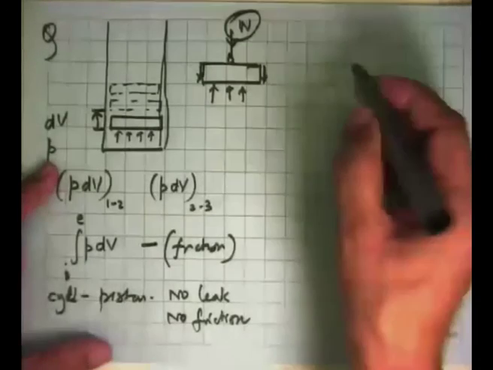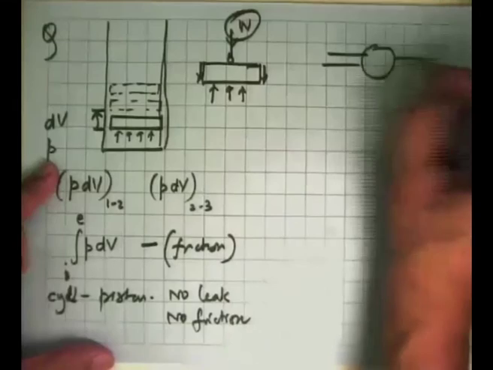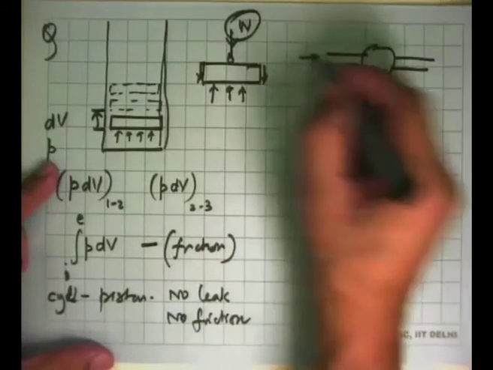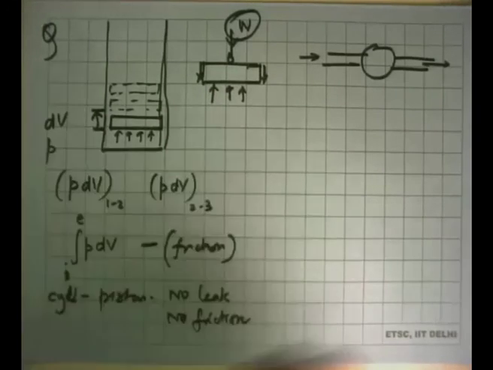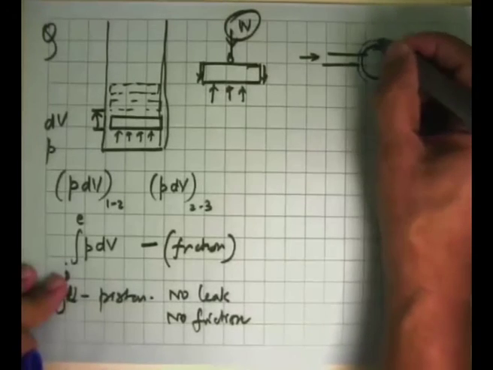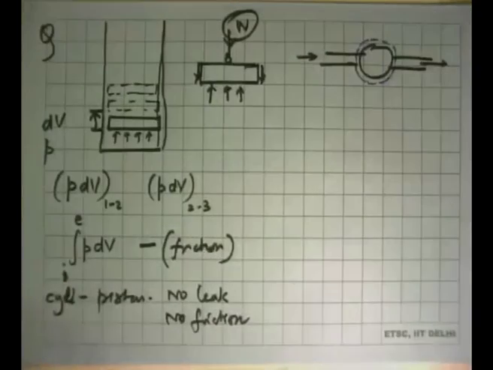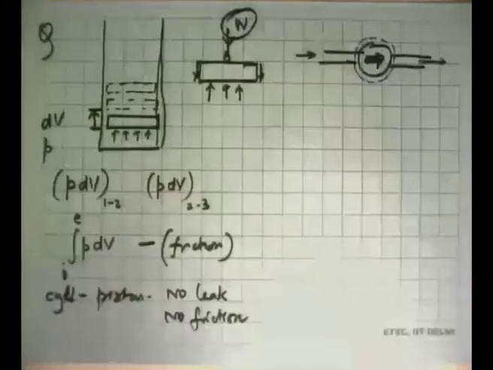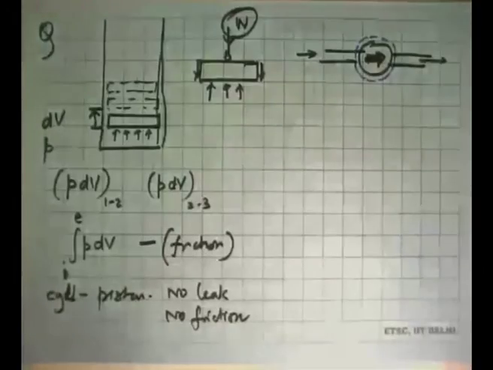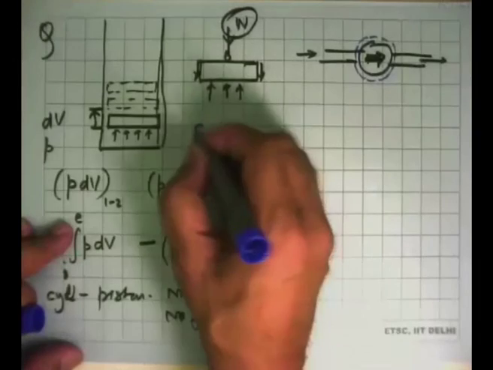Now what happens in the flow system? When we looked at a pump or a blower, we said that flow is going in, going out, and our system boundary is over there. And this is the symbol of the pump. Pump or a compressor or a blower, doesn't matter. It's a flow system. The thing is that here this was a closed system.